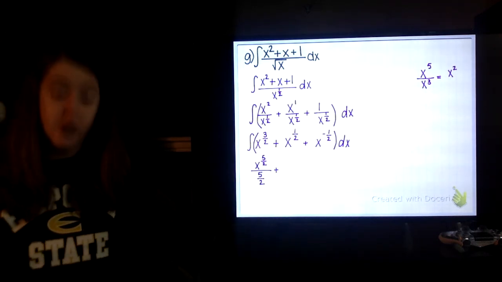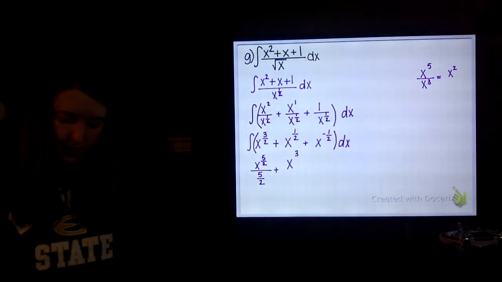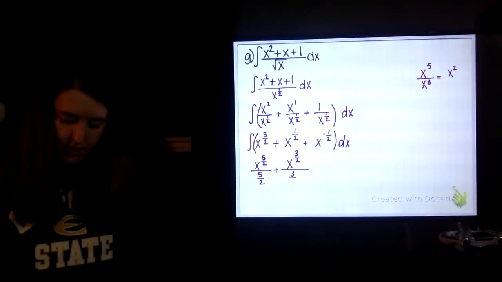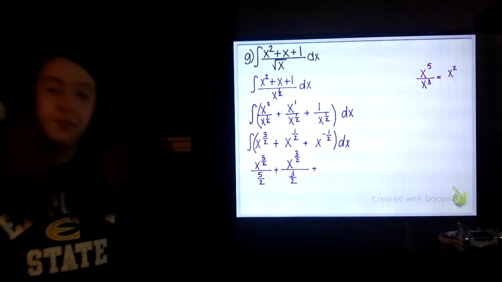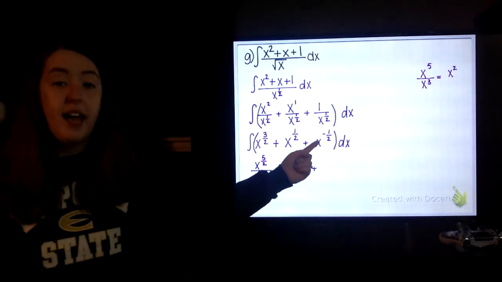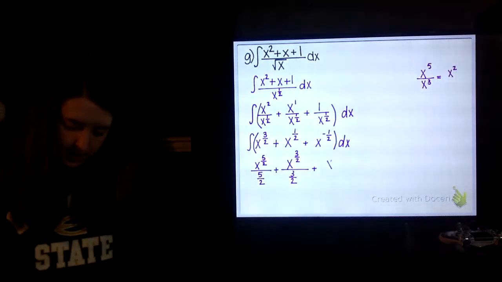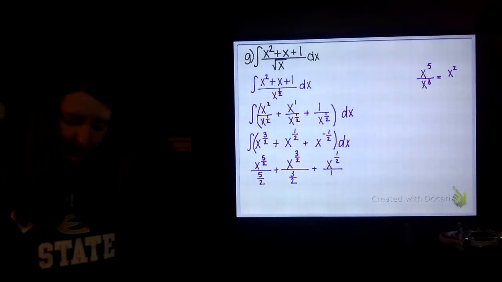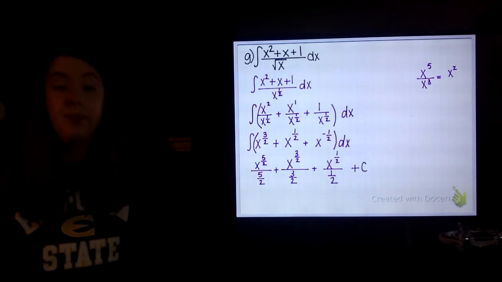So 1/2 plus 1 is 3/2. So now I have x to the 3/2 divided by 3/2 plus x to the negative 1/2. Negative 1/2 plus 1 is positive 1/2. So now I have x to the positive 1/2 power divided by 1/2. And then at the end, I need to have that plus c.